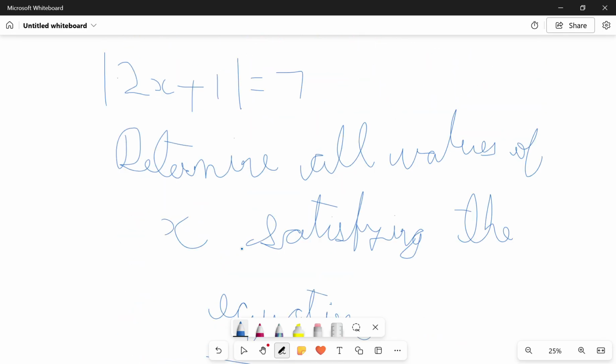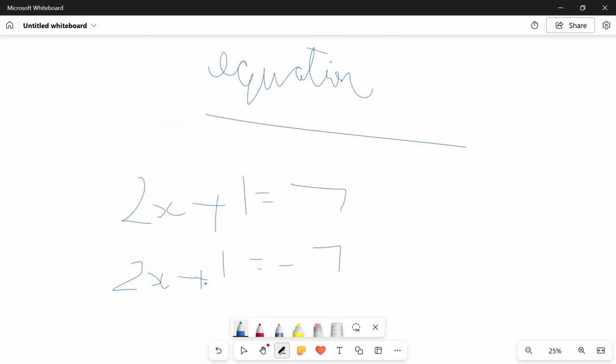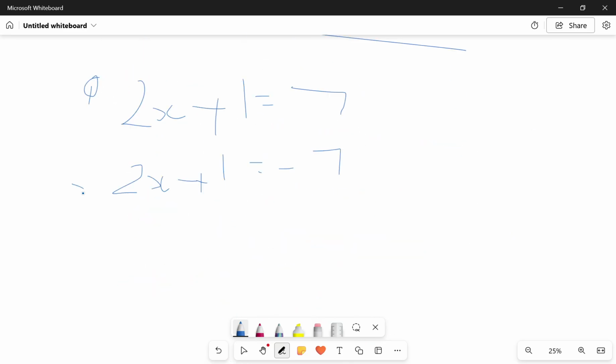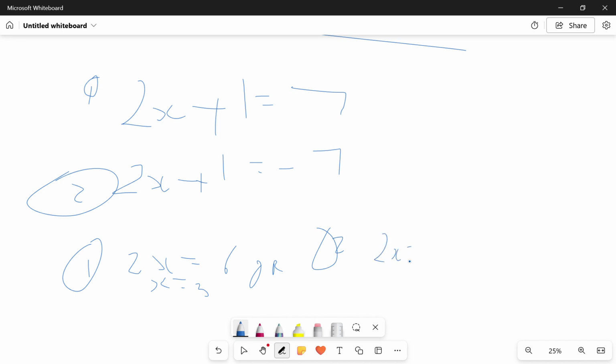If I solve the first and the second one, 2x is equal to 6, x is equal to 3, or 2x is equal to negative 8, x is equal to negative 4. Yes, so this is the answer.